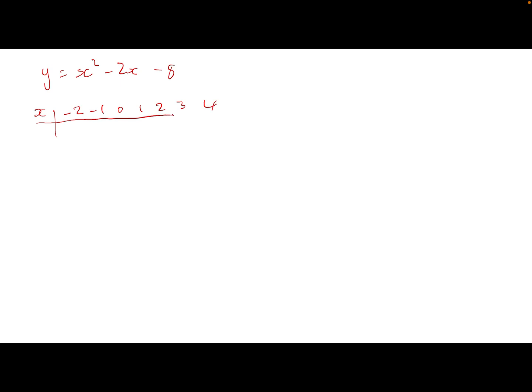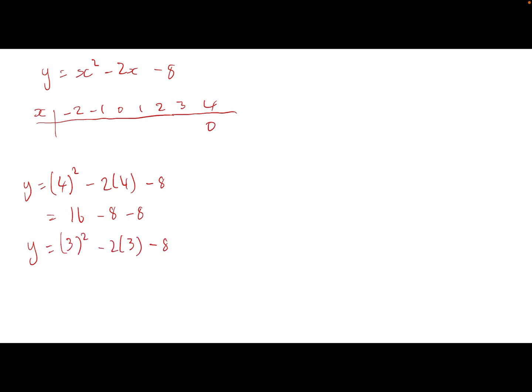So the first part of the question should be quite easy now. We're going to plot this graph. Okay, substitute in positive values first. So y is equal to 4 squared minus 2 times 4 minus 8. So that's 16 minus 8, minus 8, going to get 0. 3 squared minus 2 times 3 minus 8 equals 9 minus 6 minus 8 equals negative 5.